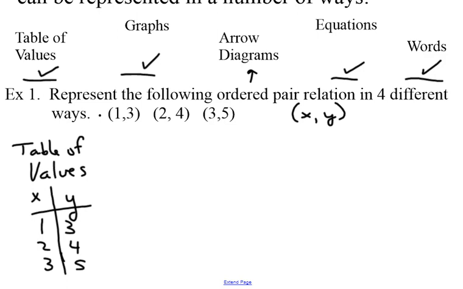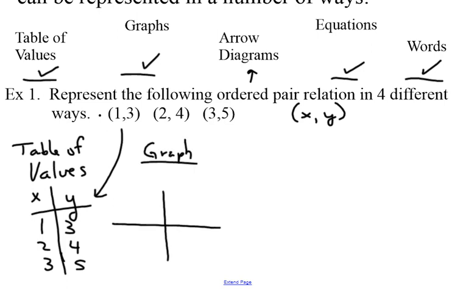Because a table of values is really just ordered pairs, we can graph this. I'm not going to pull out a Cartesian grid right now, but I can do a decent job of eyeballing what this would look like. Point (1, 3) would be at 1 on x, 3 on y. There's my first point. My second point, (2, 4).